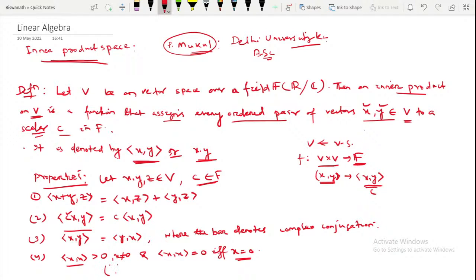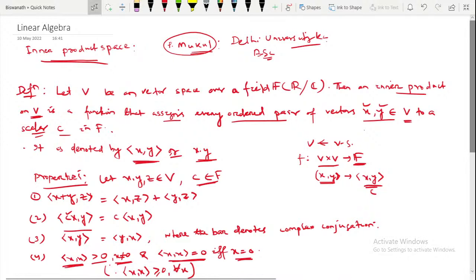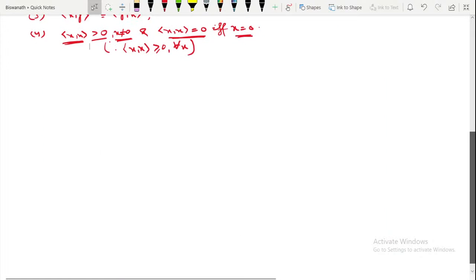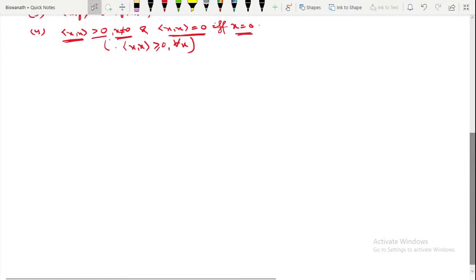So in general, we can write the inner product of x comma x is greater than or equal to 0 for all x. Okay, these are the four properties related to this inner product. Now, what is the inner product space?